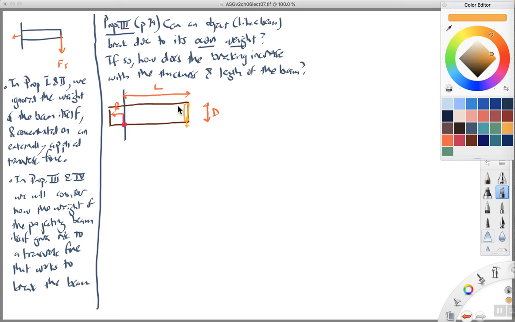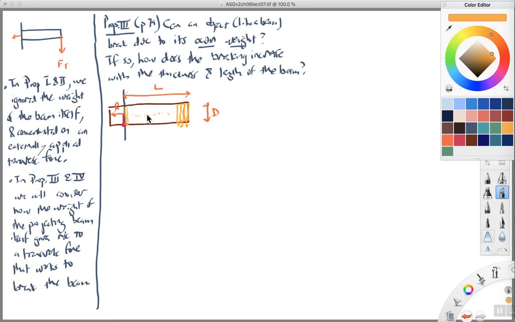And then there's another little slice right here that's applying a downward weight, and another slice right here that's applying a downward weight, and so on, all the way to here. The ones that are farther out are applying a larger breaking moment. The ones that are closer in are applying a smaller breaking moment.